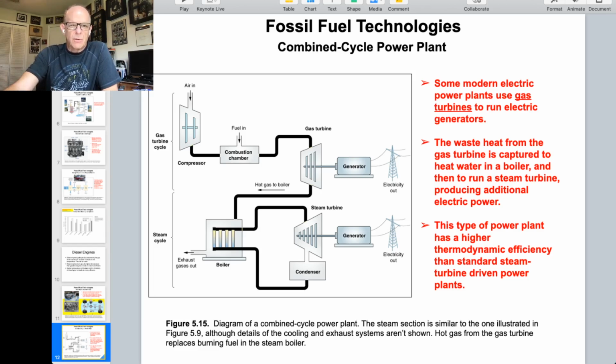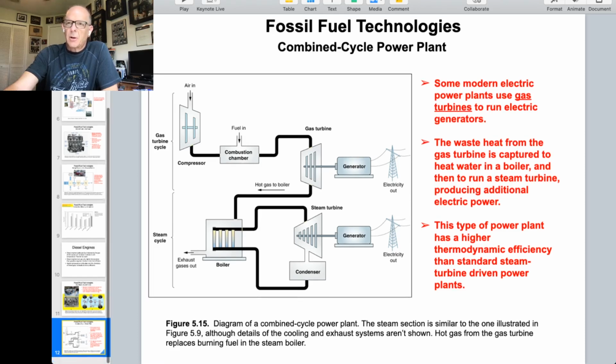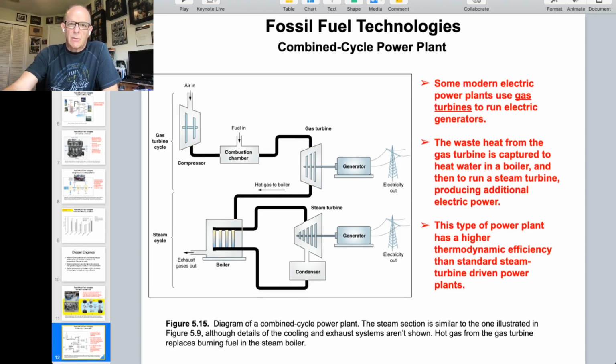And the overall efficiency of that combined power plant can be higher than one with just a single one. But ultimately, you're limited by that equation. And that equation has ultimately got a limit that's set by the temperature of the Earth, which is about 300 Kelvin.